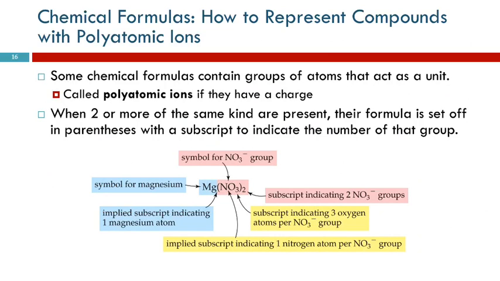how many of those packages I have. So if I have 2 of these packages, then in this formula, there are 2 nitrogen atoms and 6 oxygen atoms. You see that? But instead of writing it individually, which would be Mg N2O6, we group them together because a chemist recognizes NO3 as the nitrate ion.